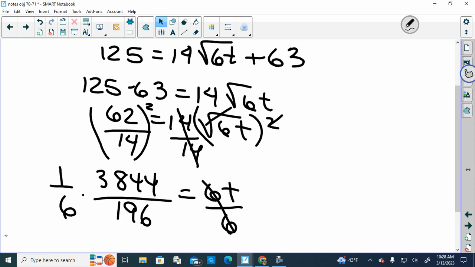And this is why we like this. Obviously, 1 times that top number is still going to stay the same as that top number. 6 times 196. So I'm just going to rewrite it over here. So we've got 3,844 over 1,176. Now divide.